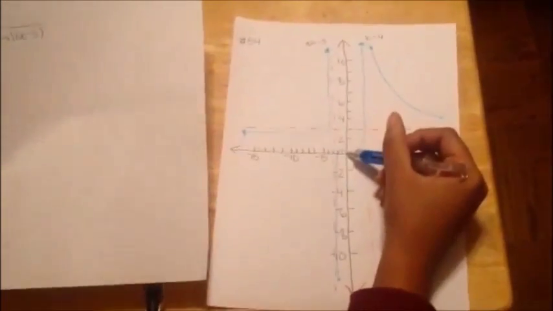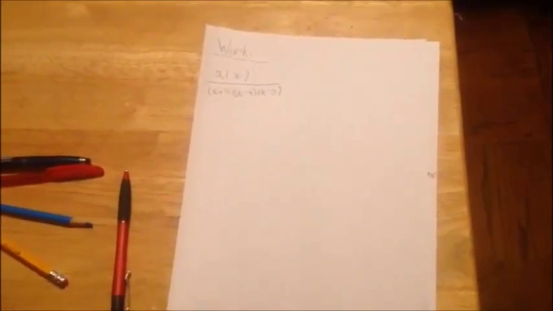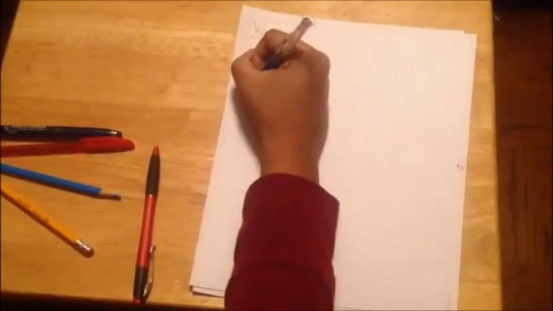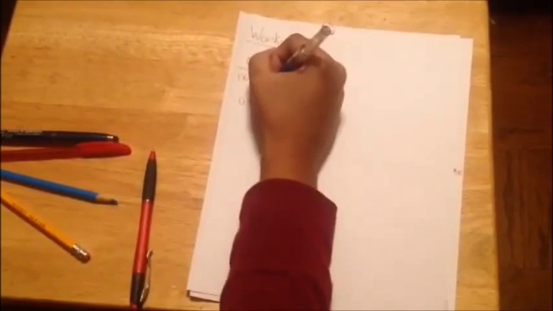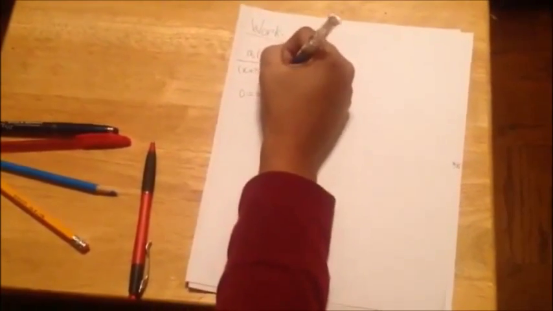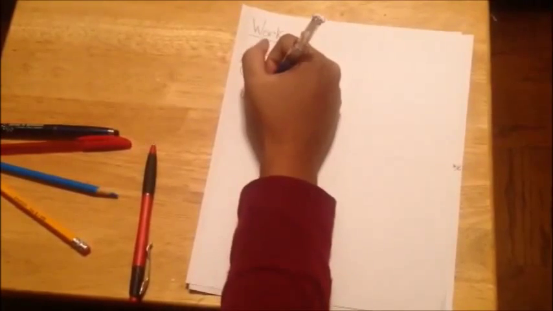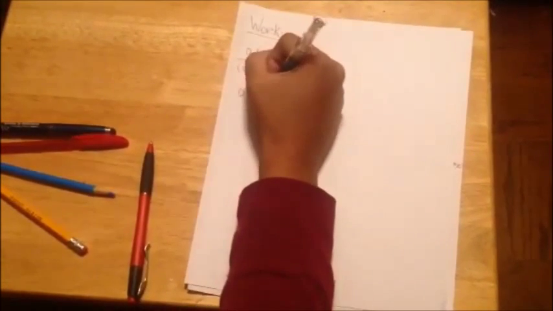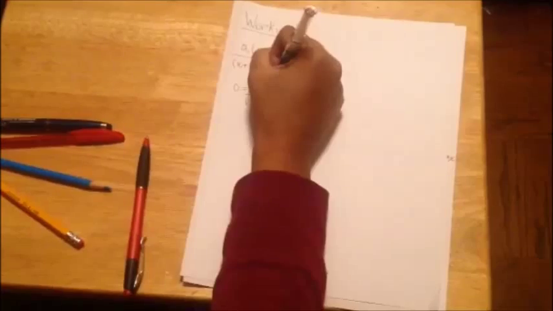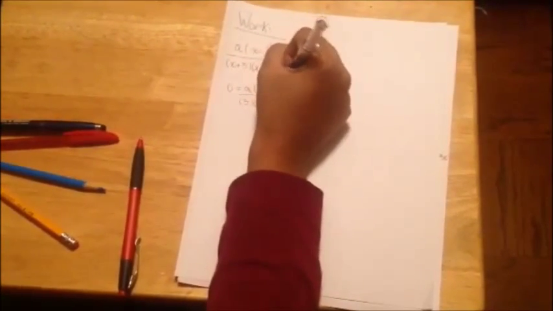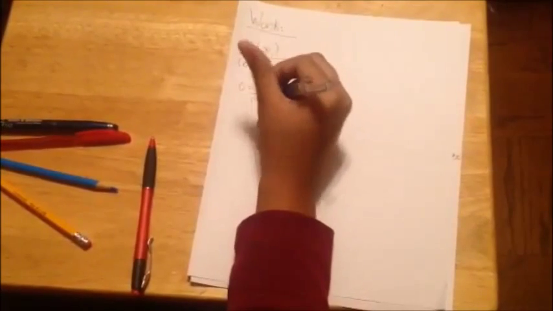Now remember how I said we need to find our zeros? As you notice, our graph touches a zero right at 0. So instead, we are going to have 0 equals a times 0 over 3 times negative 4 times negative 3, which means let's go on and solve the denominators.